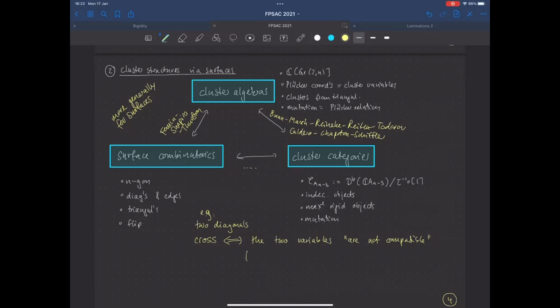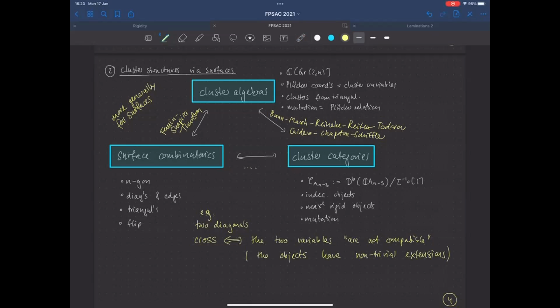And in the category sense, it would mean the two objects have non-trivial short exact sequences between them. Again, they are not compatible.